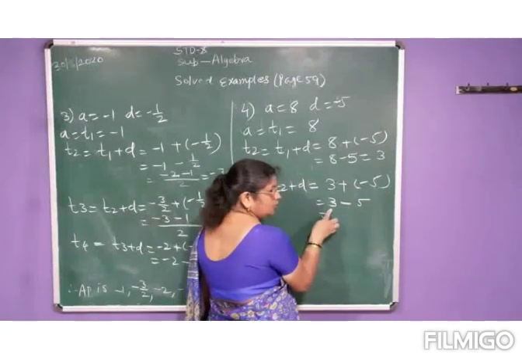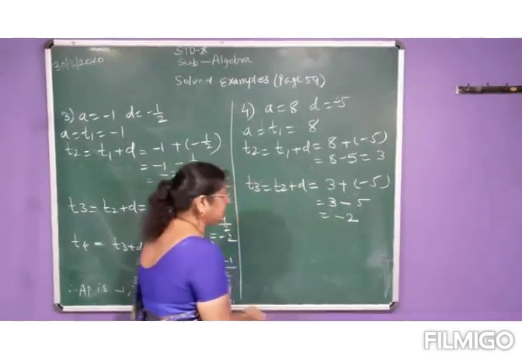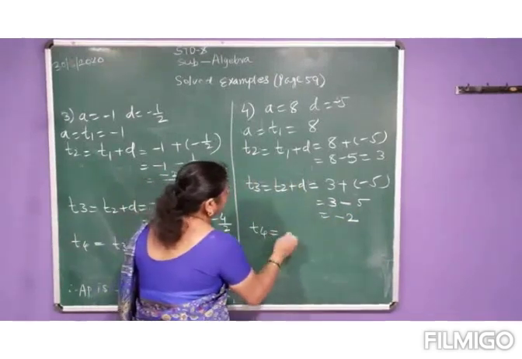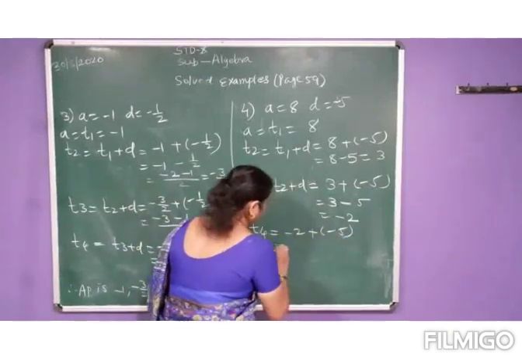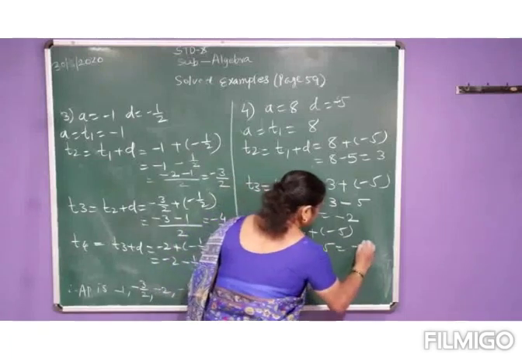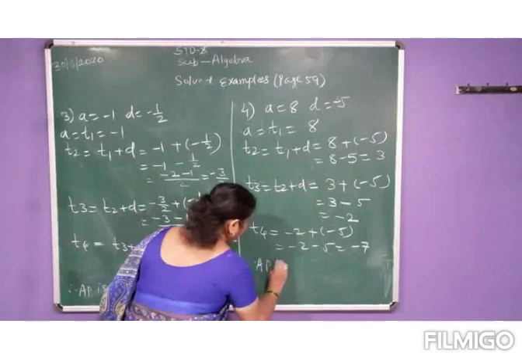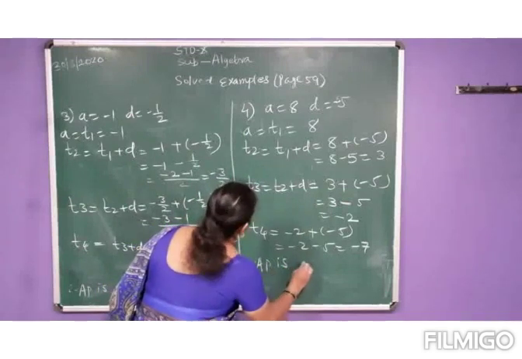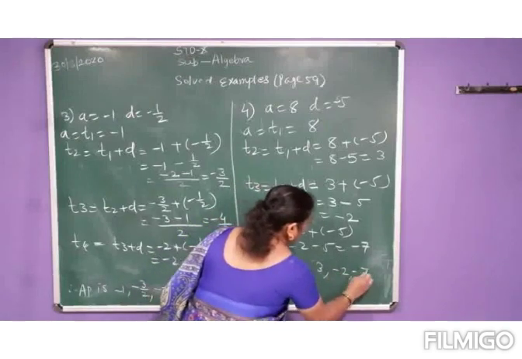5 minus 3 is what? 2. But the bigger number's sign is minus. So what answer will you get here? Minus 2. T4 is equal to minus 2 plus minus 5. So minus 2 minus 5, minus 7. Therefore what AP will you get over here? AP is 8, 3, then minus 2, minus 7.